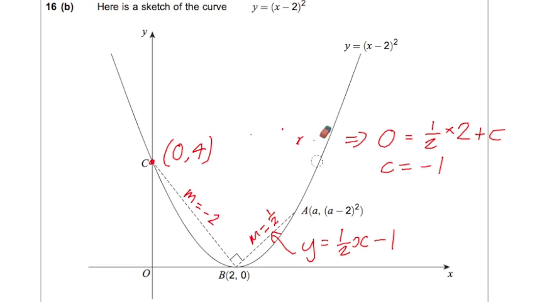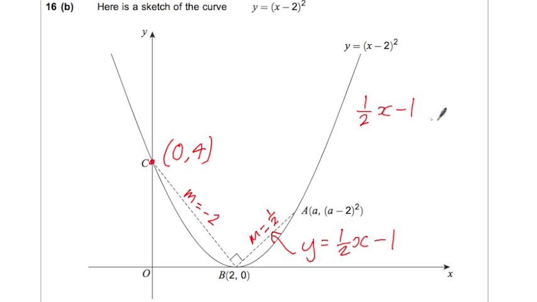Okay, so let's get rid of that working. Now let's think, what is the point A? A is the point where our line AB intersects y equals x minus 2 all squared. So in other words, that's going to happen when this equals this.